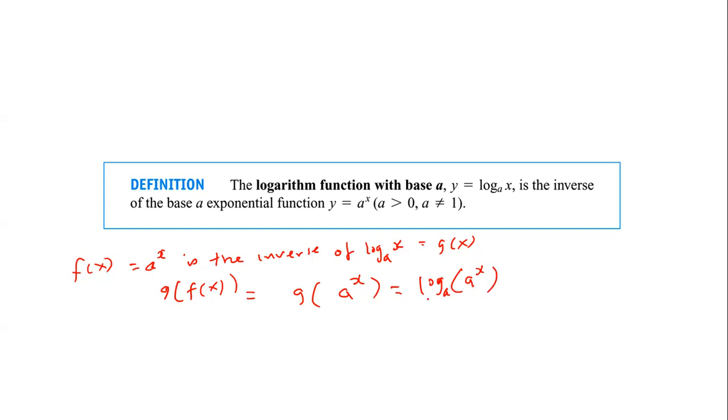Now we have log of a to the power x. I can put the x to the left and put it down, and this will be x times log a of a. What is the value of log a of a? It equals 1. So this is equal to x.